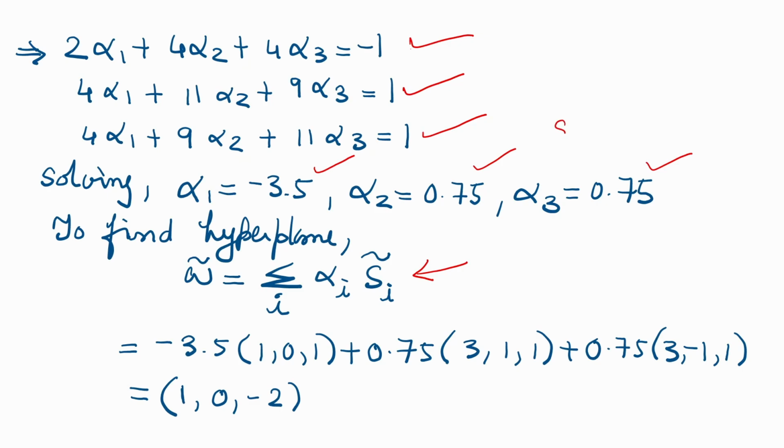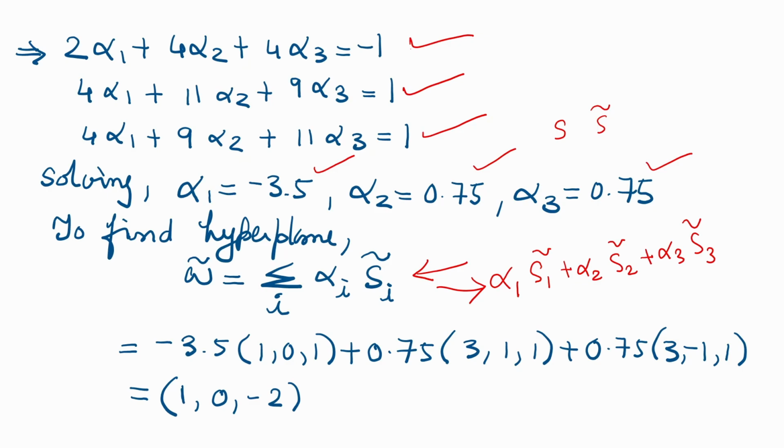For finding the hyperplane, this is the equation we have. Now we have made it S tilde, so W also changed to W tilde. So W tilde is equal to summation over i of alpha i S i tilde, that is alpha 1 S1 tilde plus alpha 2 S2 tilde plus alpha 3 S3 tilde, with i from 1 to 3.